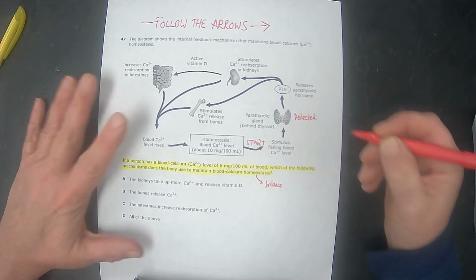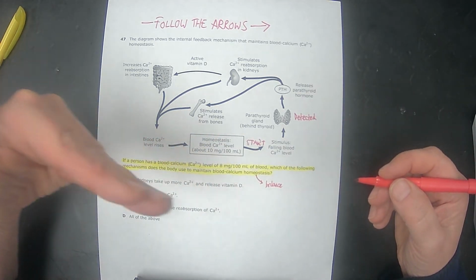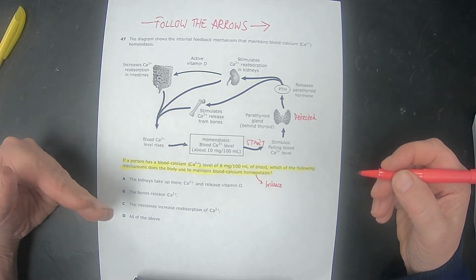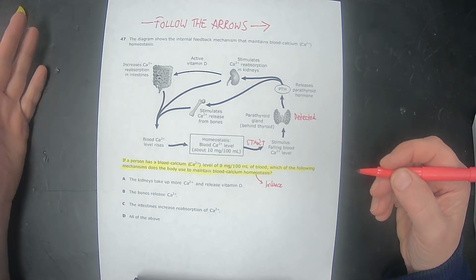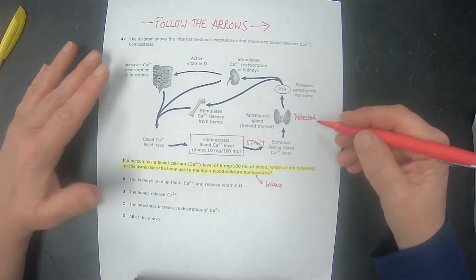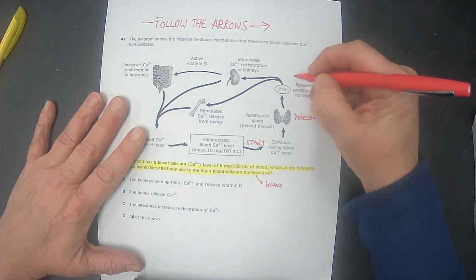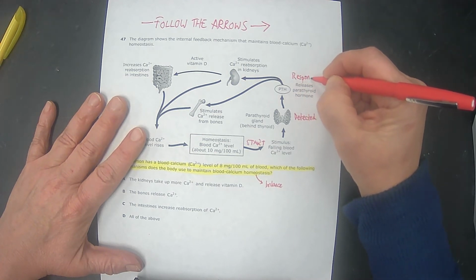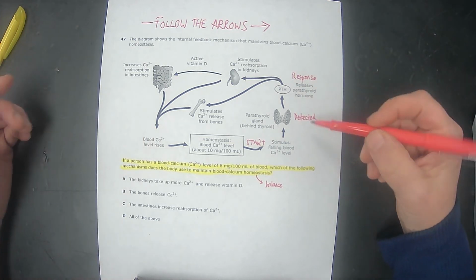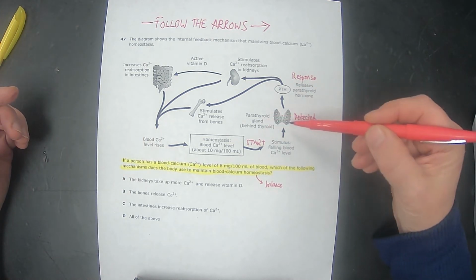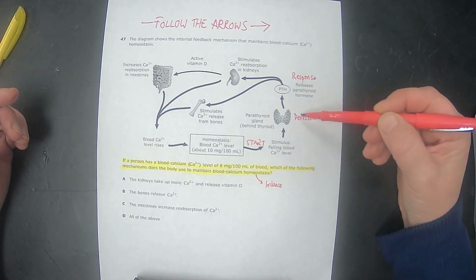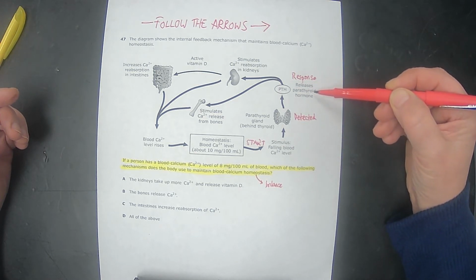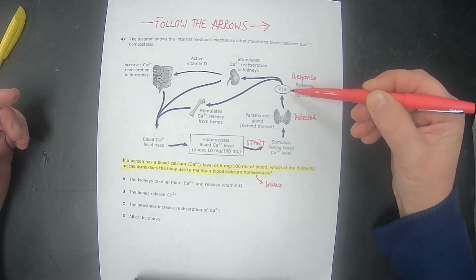Just like the hypothalamus detects body temperature and the pancreas detects blood glucose level, the place where it's detected has a response. In the case of the parathyroid gland, which is where calcium levels are detected, its response is that it releases parathyroid hormone, PTH.